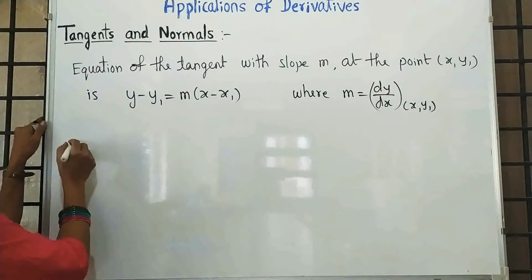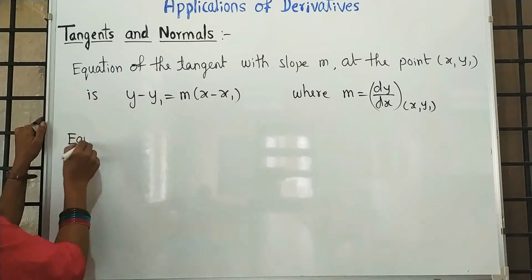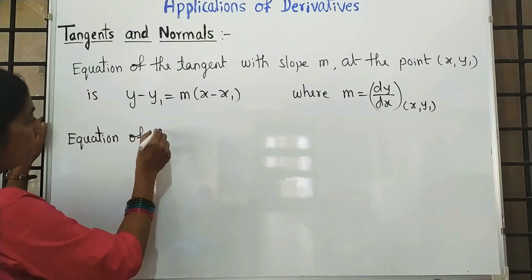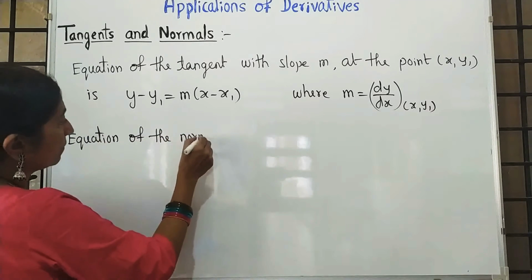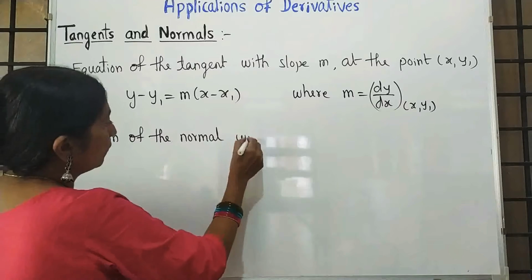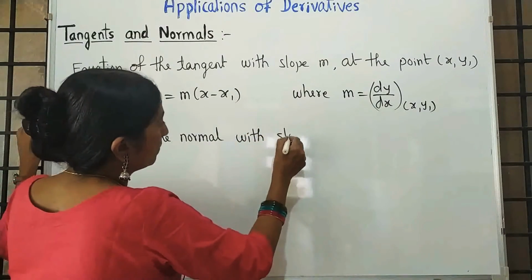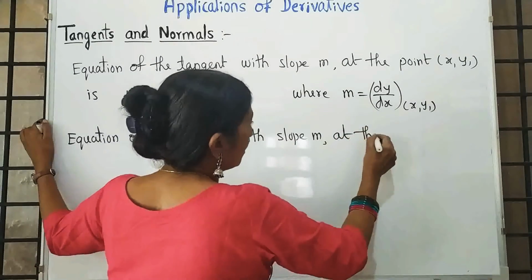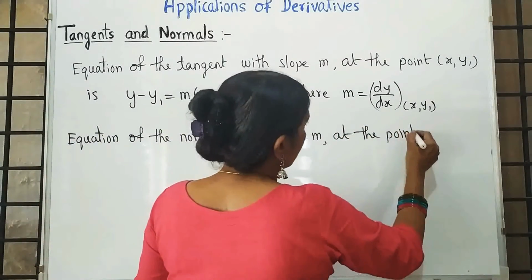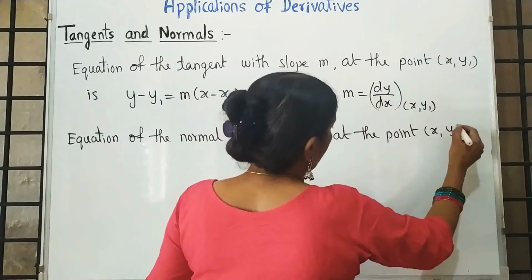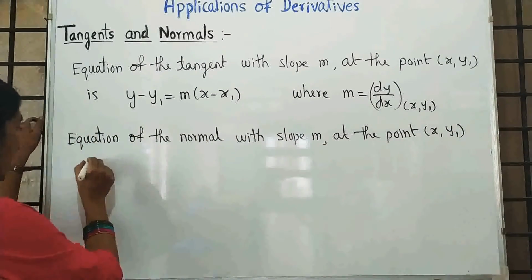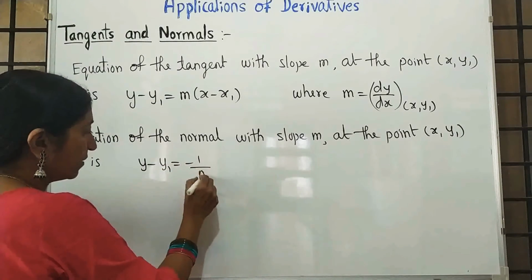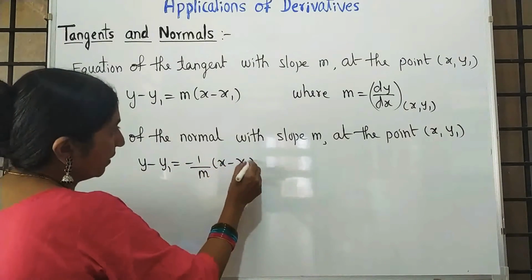Then next, equation of the normal with slope m at the point x1 y1 is y minus y1 is equal to minus 1 upon m times x minus x1.